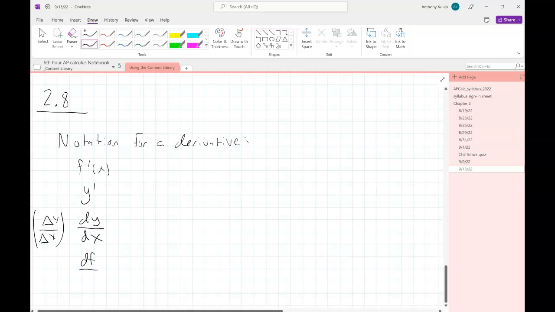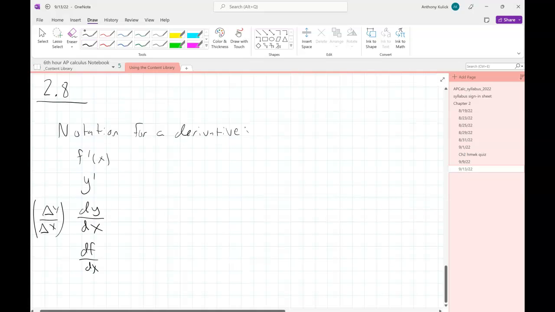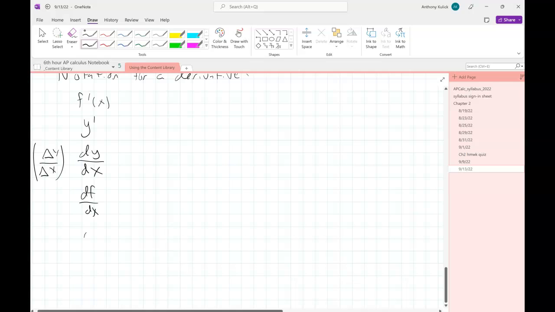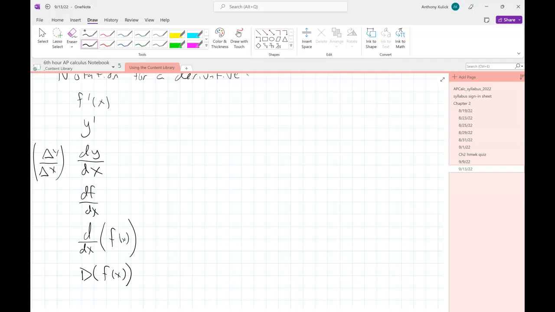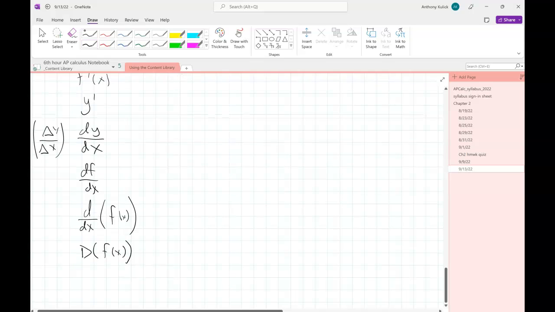You could write df dx, right? If you're talking about the derivative of f with respect to x, you could do d dx of some function f of x. People use the big D of f of x, or if you want to be specific about which variable you're differentiating over, you could put a little subscript there to imply the derivative with respect to x of f of x.